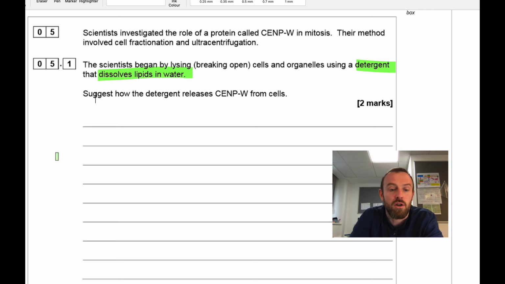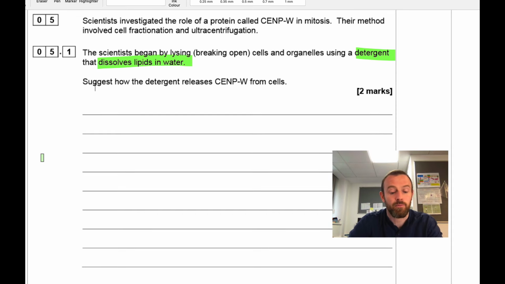The detergent dissolves the phospholipid bilayer that forms the outer membrane, and also the organelles. It says cells and organelles. So it would dissolve the outer membrane and the membranes surrounding membrane-bound organelles, thus releasing the cell contents into solution.